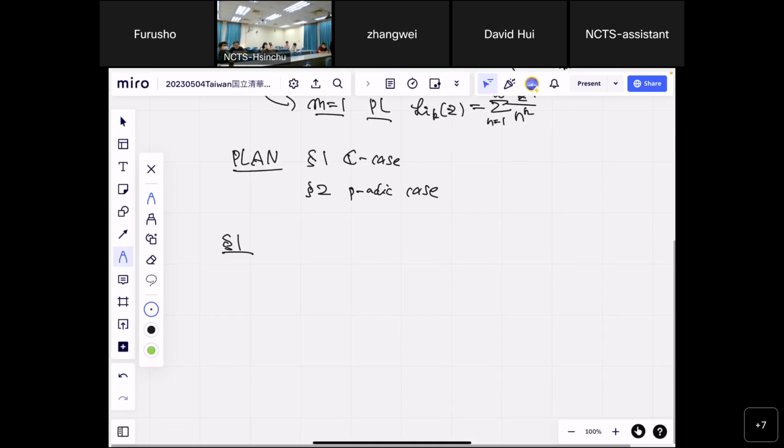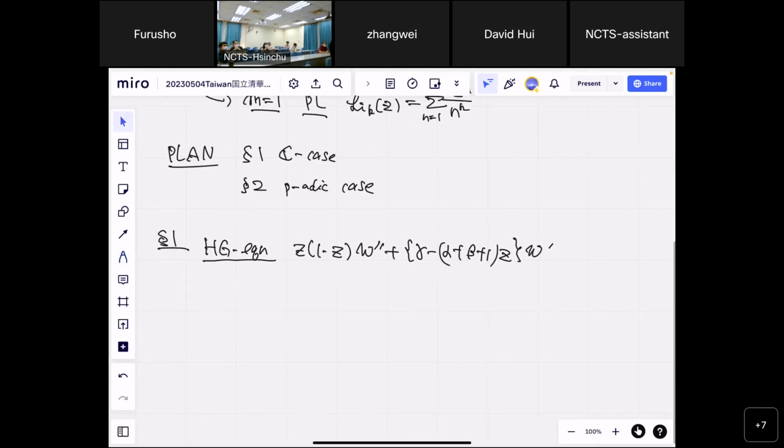The hypergeometric function is a solution of Gauss's hypergeometric differential equation. Let me explain. The hypergeometric equation is a differential equation, a kind of well-known differential equation, involving the term gamma minus alpha plus beta plus 1 z.